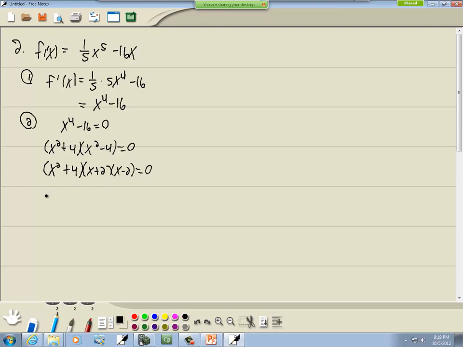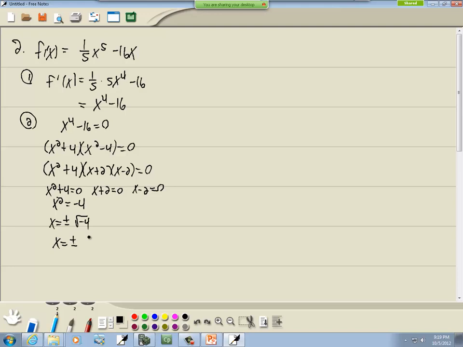So we set each factor equal to 0. I'll set the x squared plus 4 equal to 0, the x plus 2 equal to 0, and the x minus 2 equal to 0. Now the x squared plus 4 is the square root property. So I'll get the squared by itself. I'll take the 4 over, becomes a negative 4. Square root property says we drop off our squared, we put a plus or minus square root around the other side.